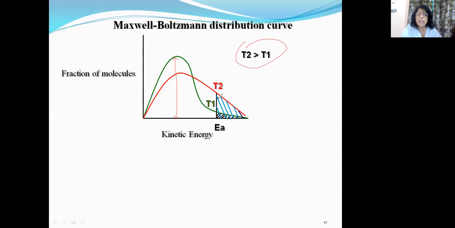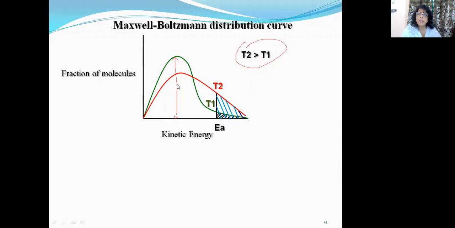And this area, children, shows the fraction of molecules having the activation energy as Ea. These both lines are not fully overlapping lines. It means they are indicating different things.